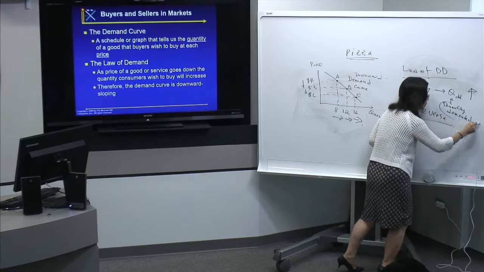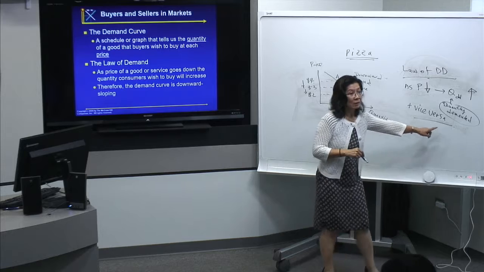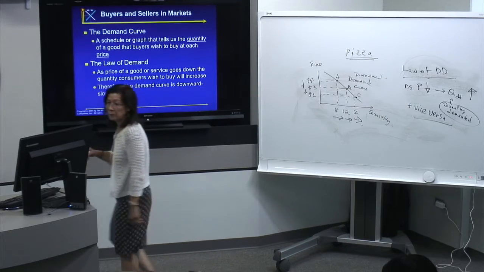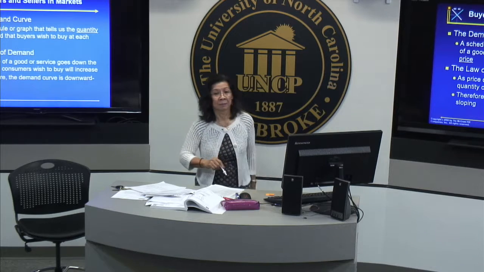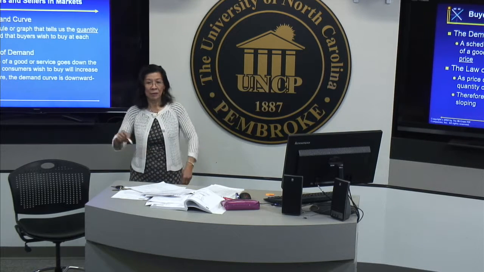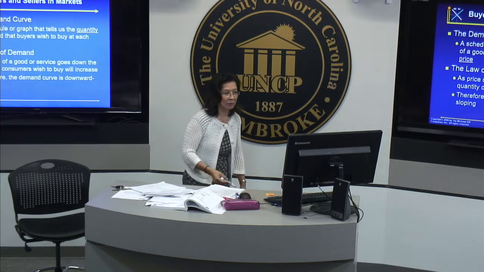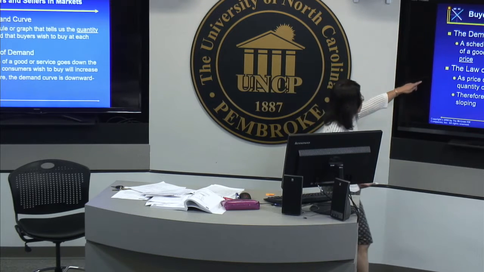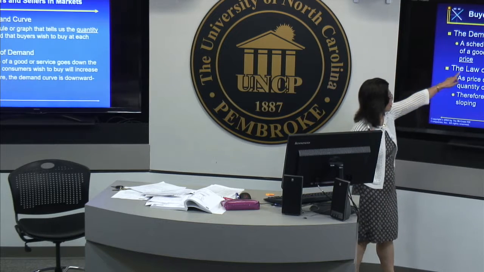Please use the term quantity demanded, because it is extremely important that you know the difference between quantity demanded and demand. That will actually come out on your test, at least 2 questions, because that is so important.